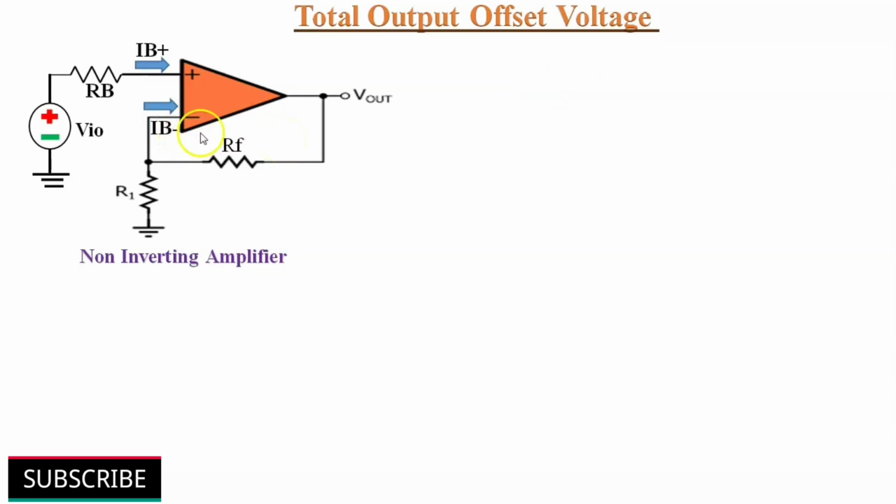The formula for the total output offset voltage for the given circuit is: output offset voltage VOO is equal to (1 plus RF by Rin) into VIO plus IOS into RF. That means non-inverting gain into input offset voltage plus input offset current into feedback resistor RF.